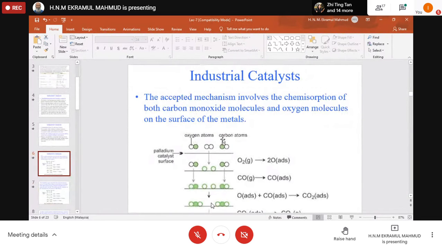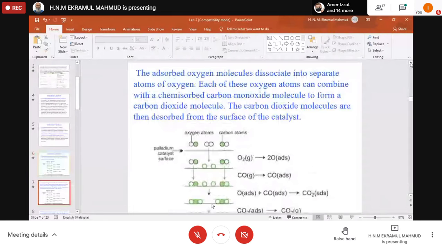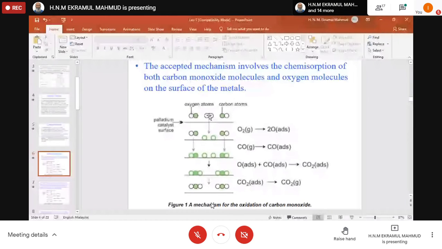If you look at the mechanism, this is oxygen, this is carbon, this is carbon monoxide. Now, this oxygen will first land on the surface of the catalyst.